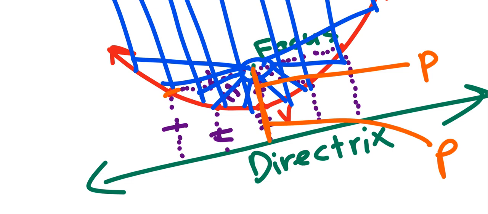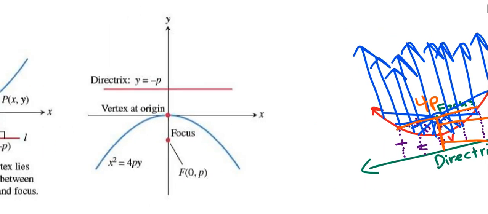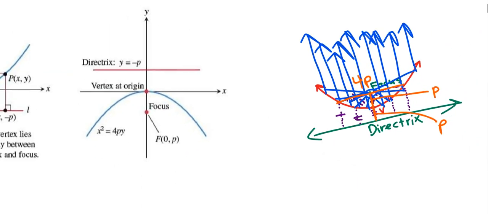What's the distance from edge to edge through the focus? 4p. Remember, that's what we talked about. So understand the picture of where you can use the 1p and the 4p version. That'll come up quite a bit.